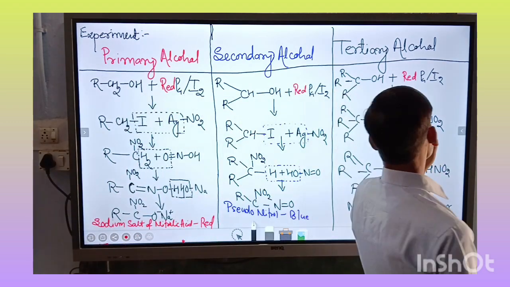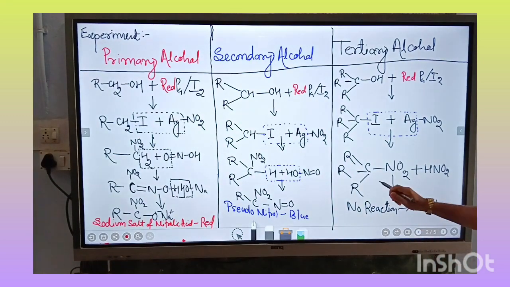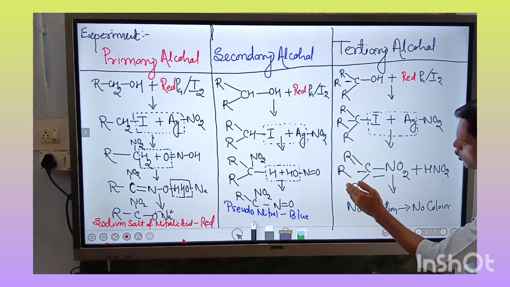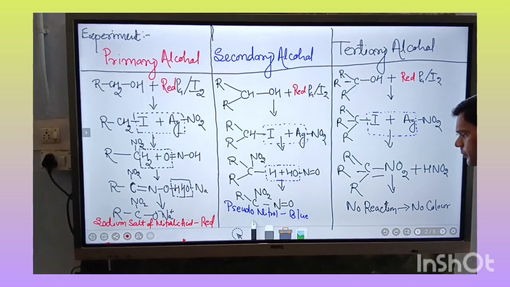But in this case, that is tertiary, after obtaining nitroalkane, there is no acidic hydrogen. You can see here three R groups are attached to this carbon atom. It means there is no acidic hydrogen.